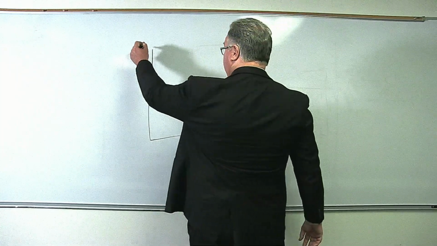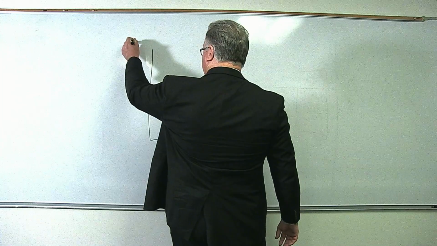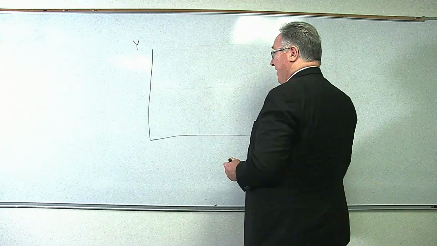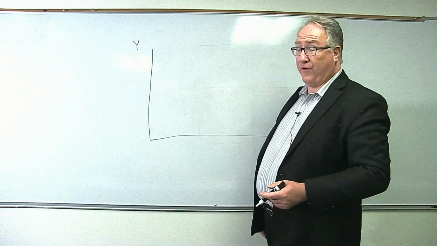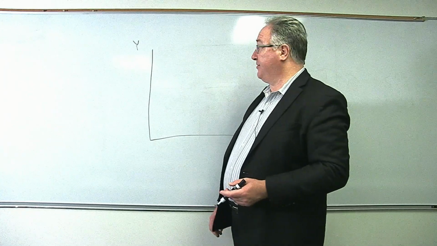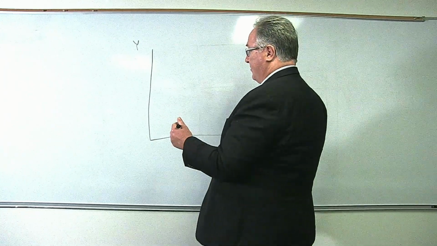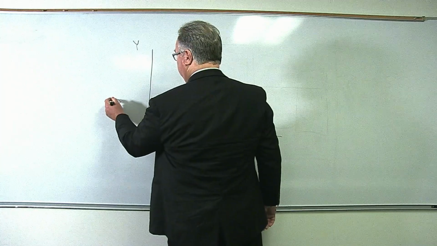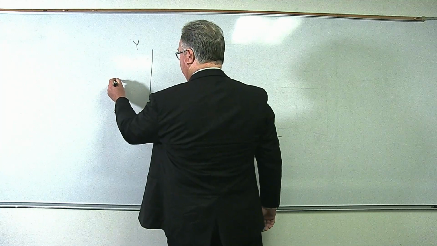So here's the y-axis, and the y variable in multiple regression is our outcome variable. So we have some outcome variable, whatever it may be.